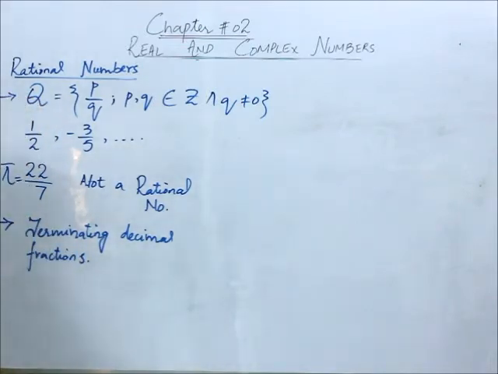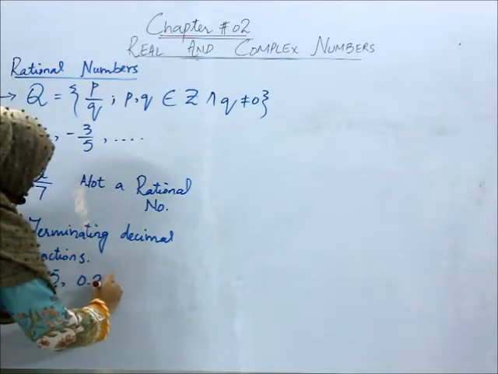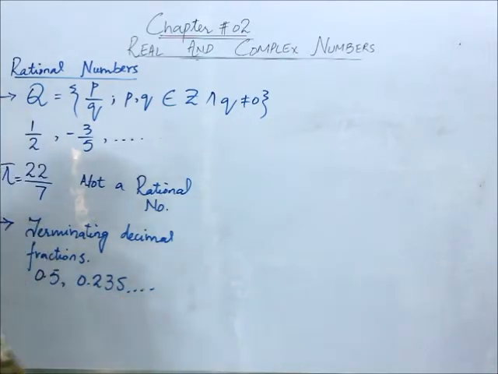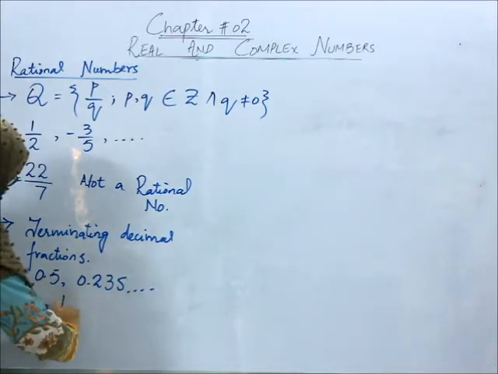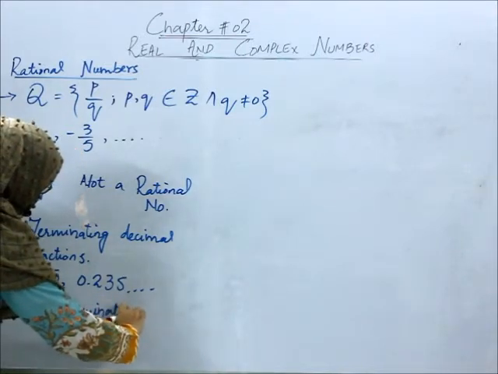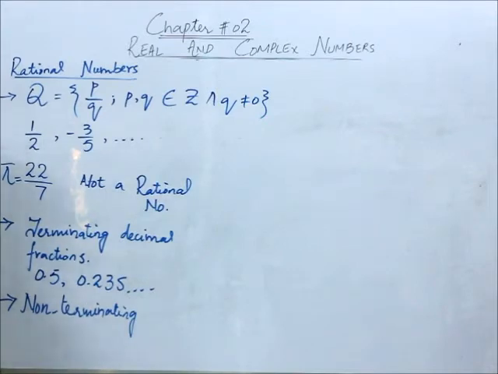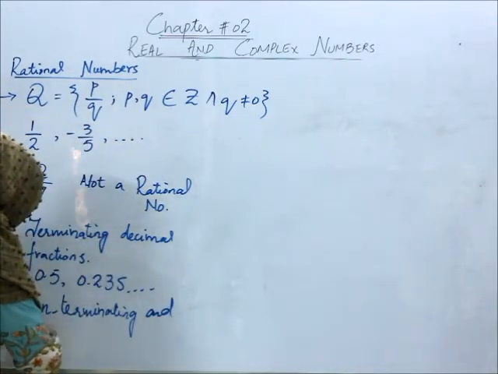Terminating decimal fractions are called rational numbers, that is 0.5, 0.235, and so on, in which the number of digits after the decimal point will stop or terminate somewhere. But if they are non-terminating, then what should we have? Non-terminating and recurring decimal fractions.